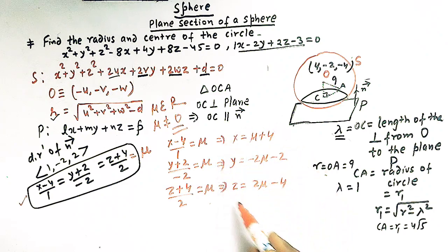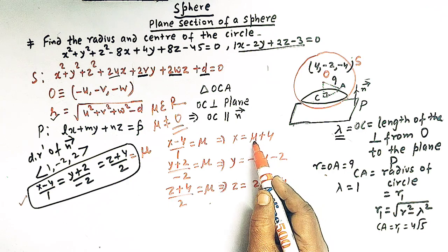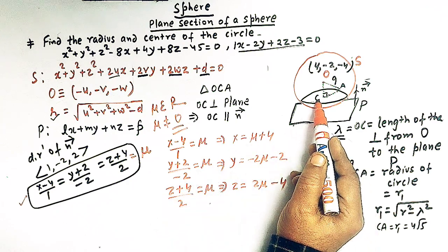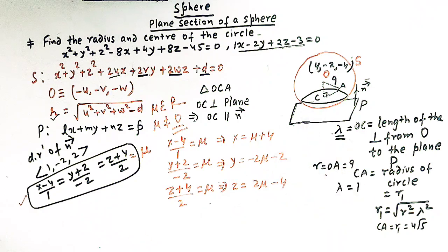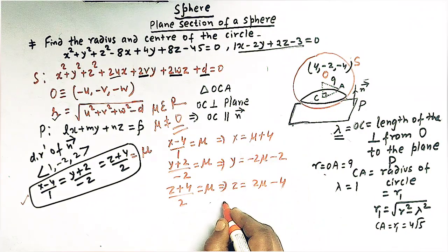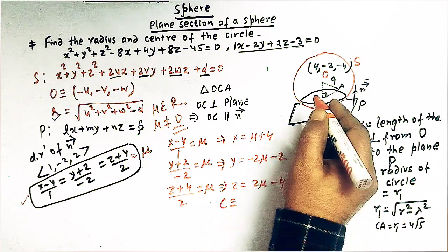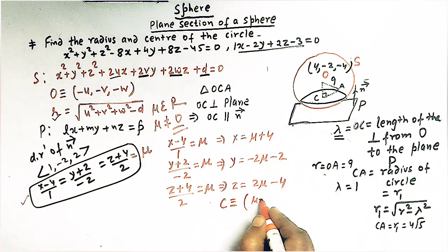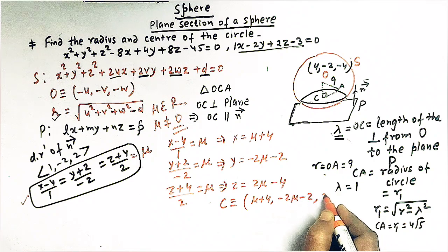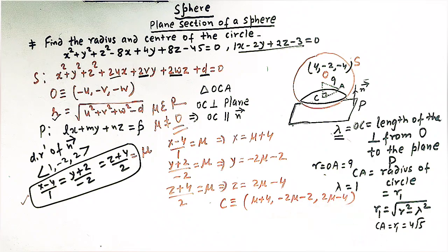So now we need to find out the value of mu so that we can get the coordinates of this point C. For some value of mu, the coordinates of the point C may be written as mu plus 4, minus 2 mu minus 2, and 2 mu minus 4.